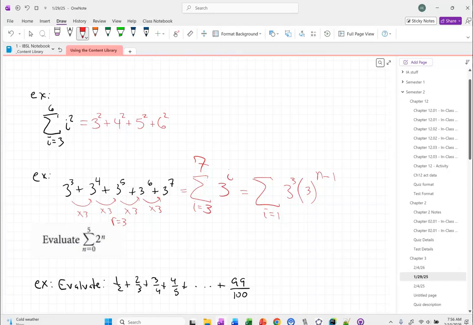And then this is the what term in our sequence? 1, 2, 3, 4, 5th term. So I could have also written it that way. That would have been the way I would have intended you to write it, but the first way is fine. It's correct. Nothing wrong with that.